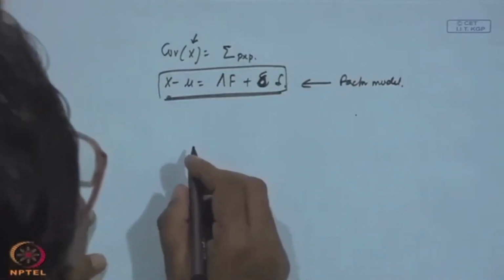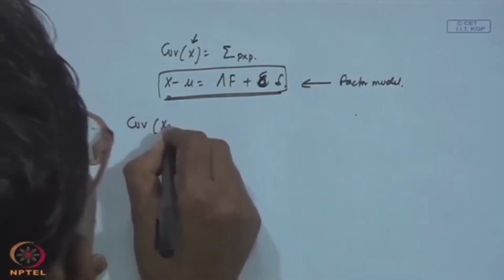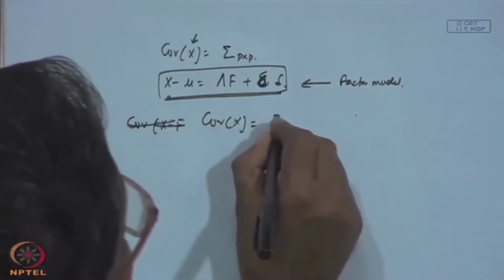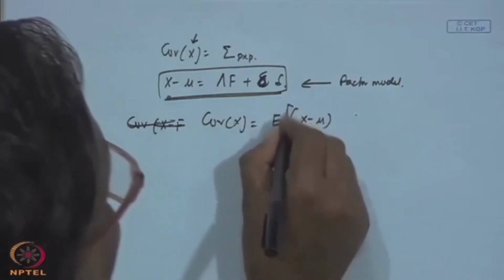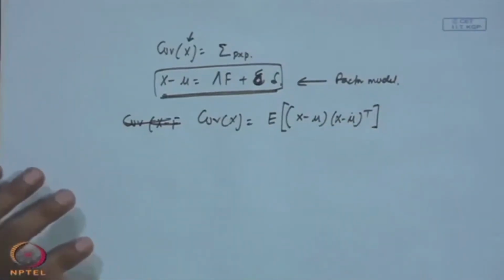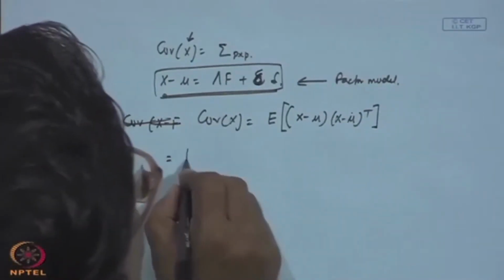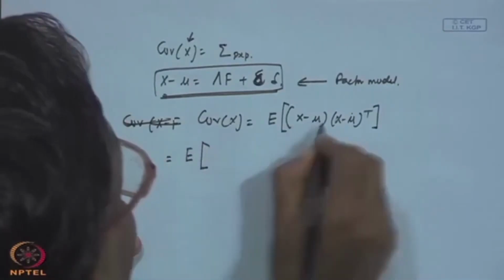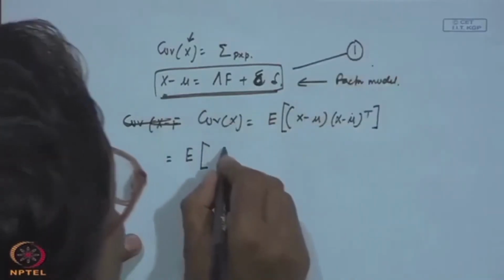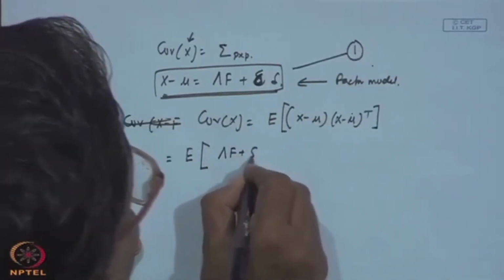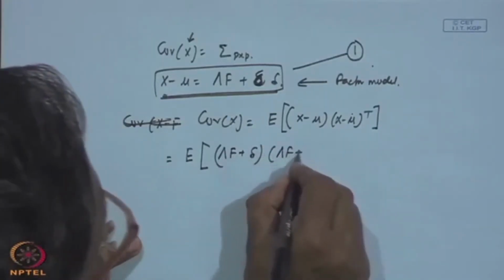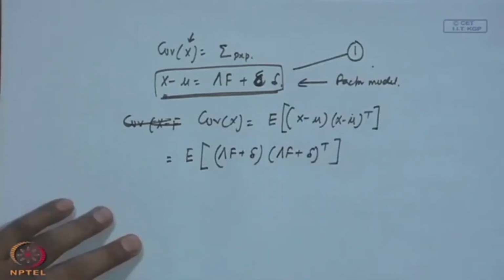So, if I want to understand covariance, can I not write like this? Covariance of x equal to expected value of (x minus mu)(x minus mu) transpose. We have seen earlier also. So, suppose I say this is my equation 1; from equation 1 I can write (lambda f plus delta) into (lambda f plus delta) transpose.